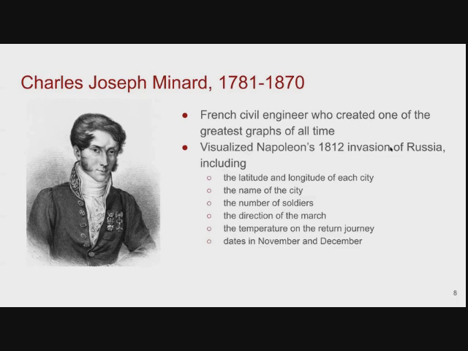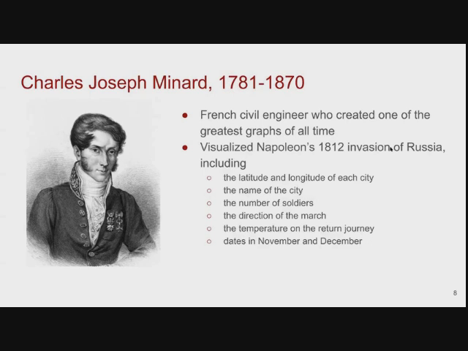So for this one, what we're going to look at is a visualization he created of Napoleon's 1812 invasion of Russia, okay? Imagine he was trying to include all of this information in one graph: the latitude and longitude of each city where the invasion was taking place, and of course the name of the city.